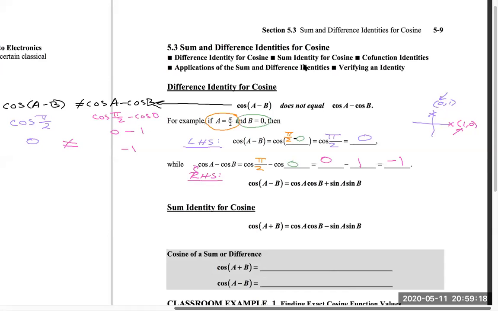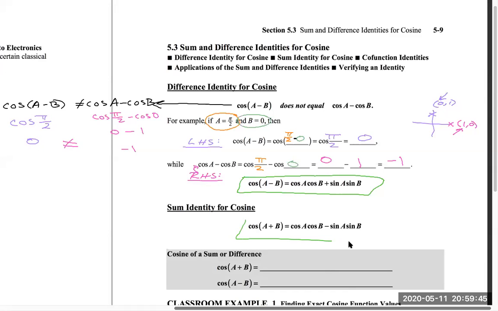Go ahead and save a picture of that if you need it. Essentially, we find that what cosine of A minus B is actually equal to is cosine A cosine B plus sine A sine B. And that's what's called the difference identity for cosine.